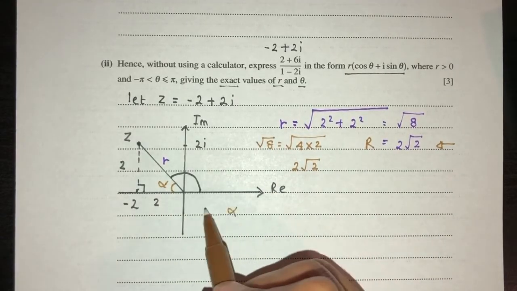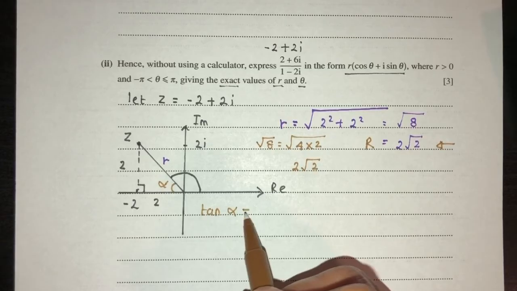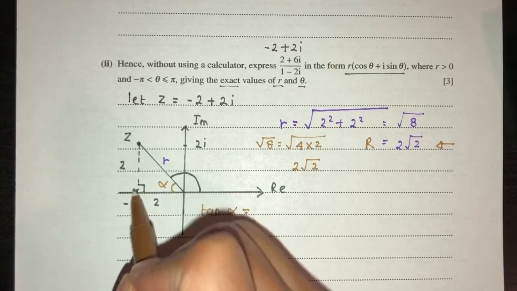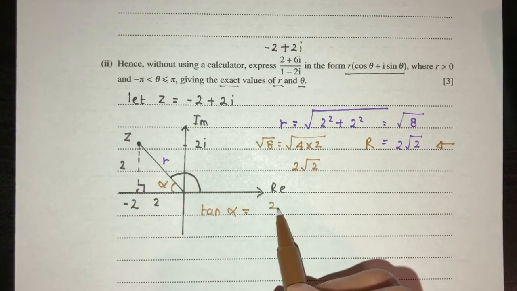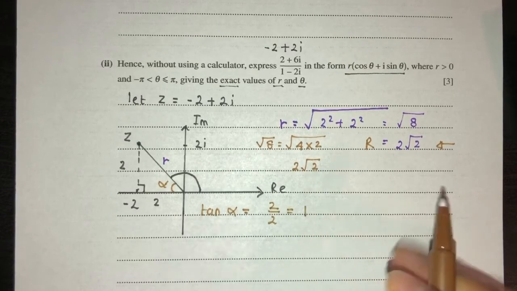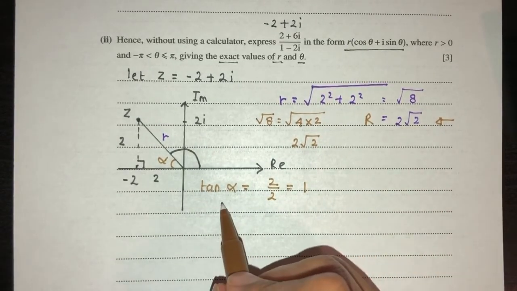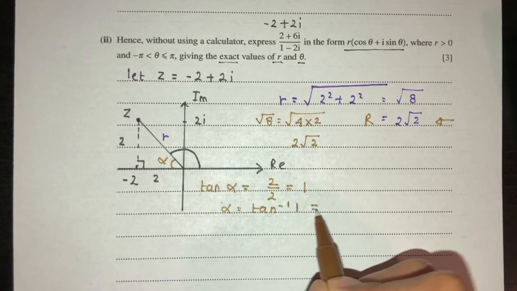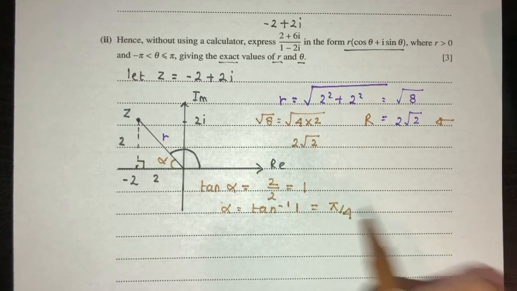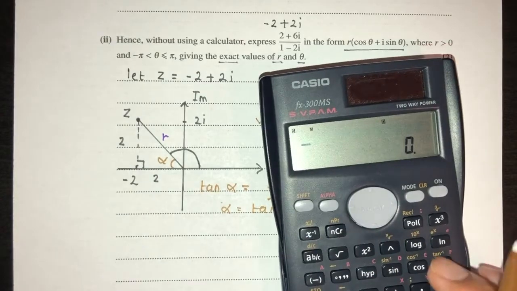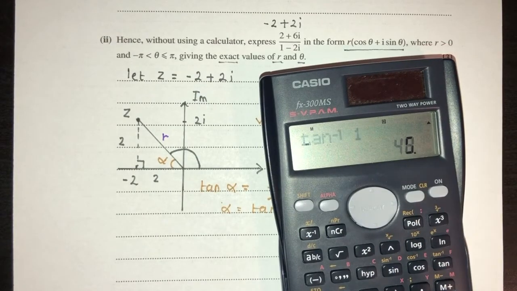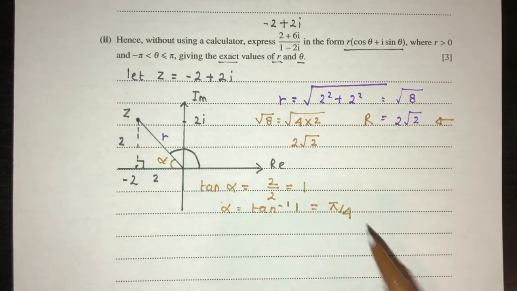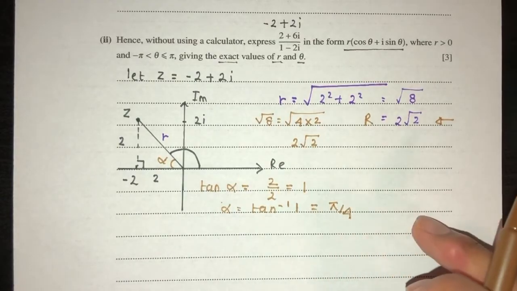For this angle, tan is equal to the opposite side over the adjacent side, 2 over 2. That will be 1. Now we have to know by now, tan inverse of 1 is equal to pi by 4. But you can always check, tan inverse of 1 is 45 degrees, which is pi by 4. Pi is 180 divided by 4, which is 45 degrees.